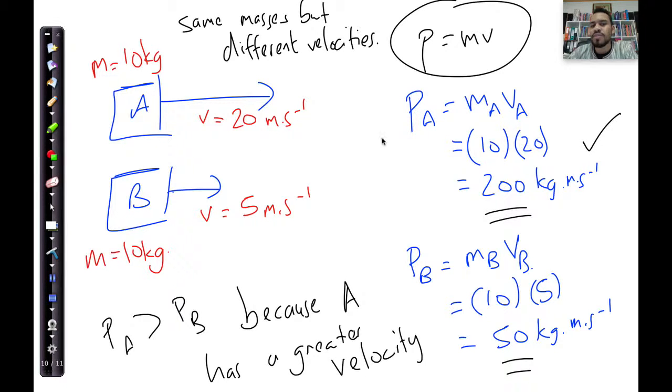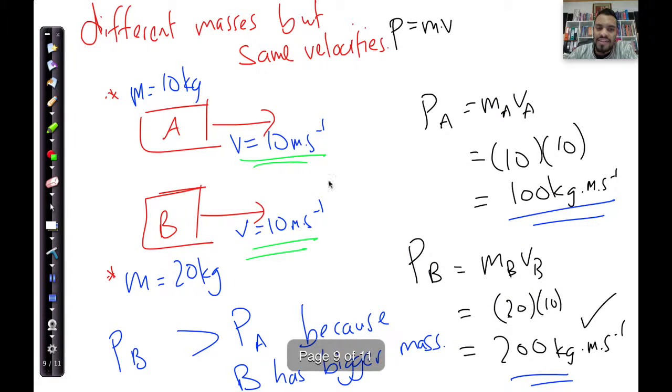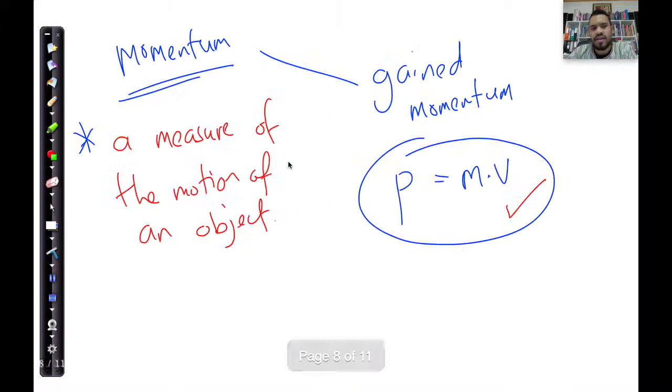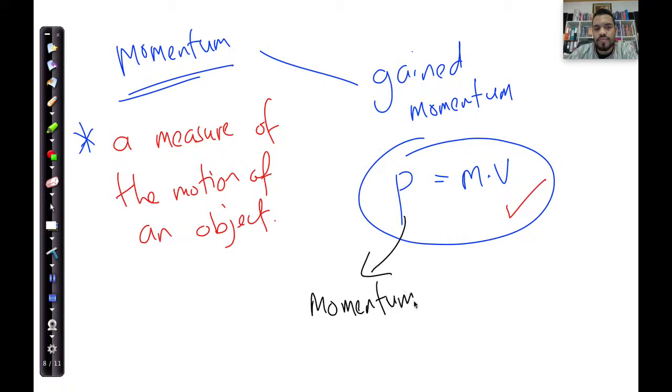Clearly, while keeping the one constant and editing the velocities, we can see that momentum is dependent on velocity. And whilst keeping the velocity constant, we can clearly see that momentum is also dependent on the mass of an object. So in the formula P equals mv, P denotes the momentum, m denotes the mass of the object, and v denotes the velocity of the object.